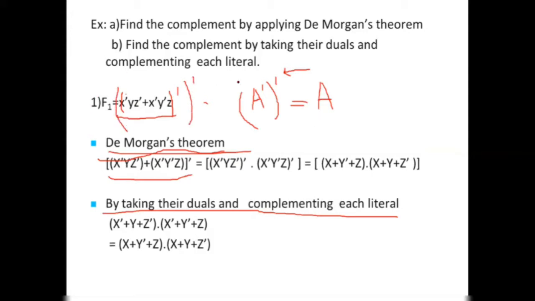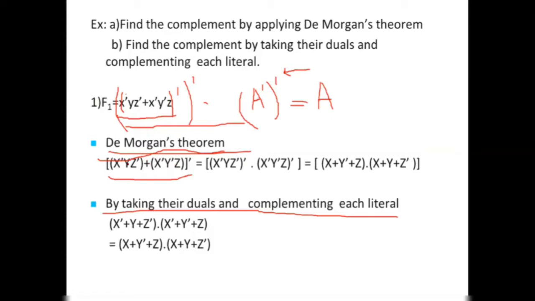According to this, we can write this. Then we can apply De Morgan's theorem, and that's what they have done here.